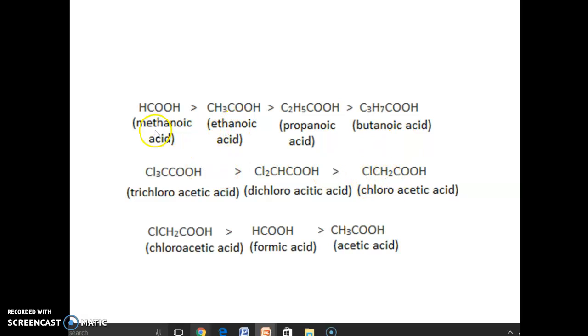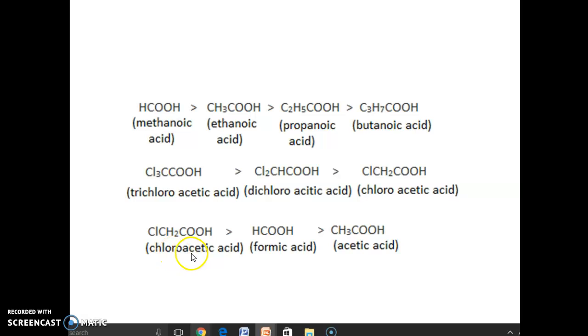And if in these aliphatic organic acids one of the hydrogens is substituted by a halogen, then their acidic strength is readily increased because of the minus I effect of chlorine, which is an electron withdrawing group. Trichloroacetic acid is a stronger acid than dichloroacetic acid, which in turn is stronger than chloroacetic acid.